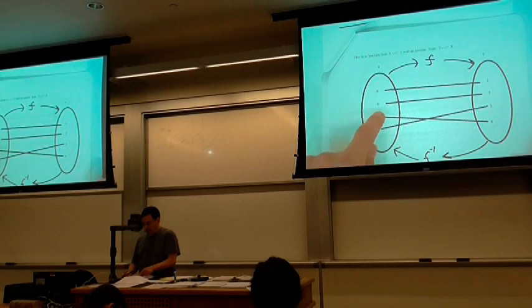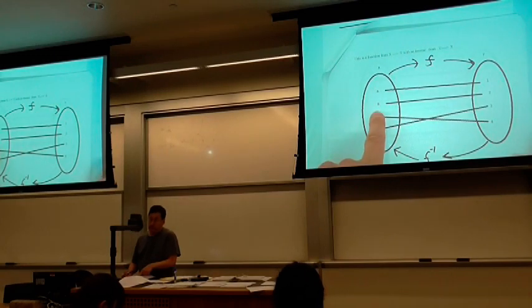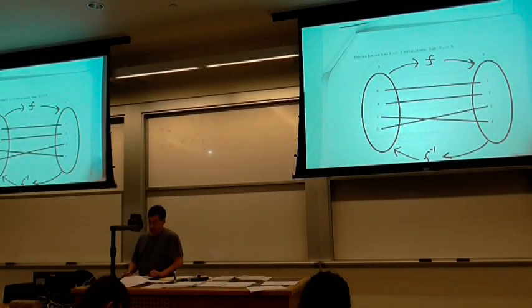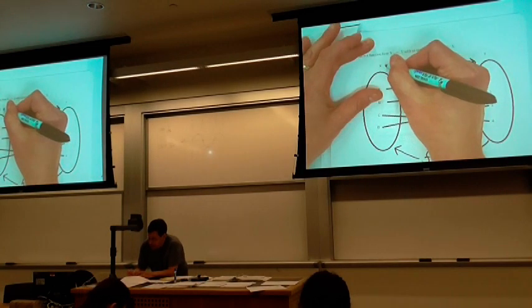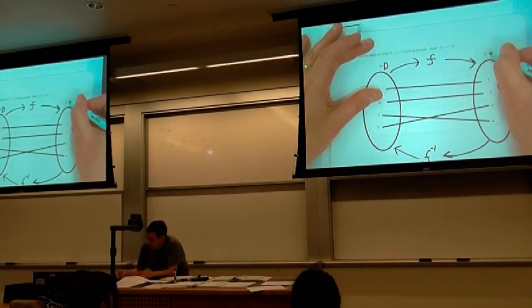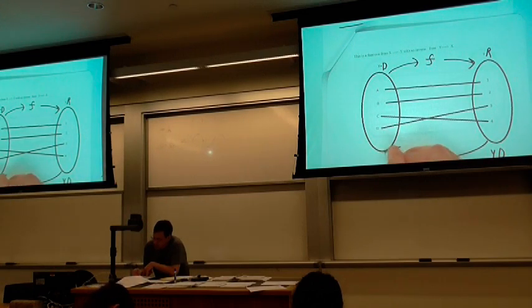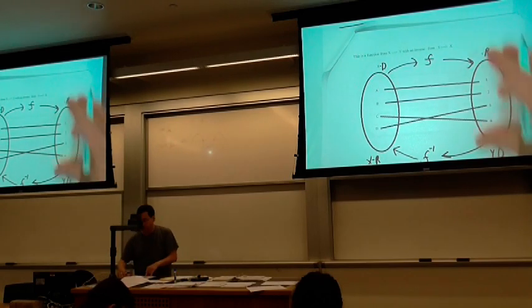Everything in the domain goes to something in the range, which then goes back to the same place in the domain. One thing you might want to notice is that for the function x is the domain and y is the range, but for the inverse they flip. Now y is the domain for the inverse function, and x is the range for the inverse function.